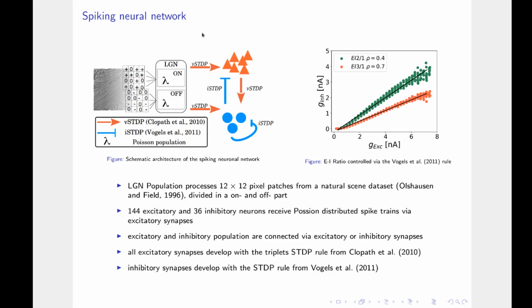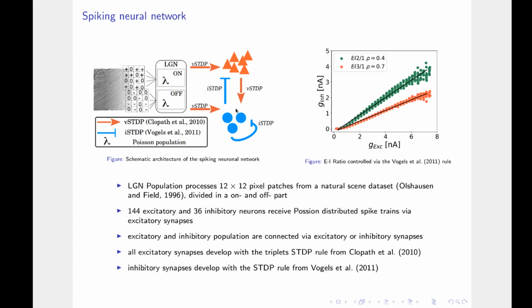As you can see here, excitatory and inhibitory neurons receive excitatory input from the LGN population. Additionally, there is an excitatory connection from the excitatory to the inhibitory population, an inhibitory feedback connection, as well as a lateral inhibitory connection. All the excitatory connections develop via a voltage-based triplet STDP rule, and all inhibitory connections develop via an inhibitory STDP rule.